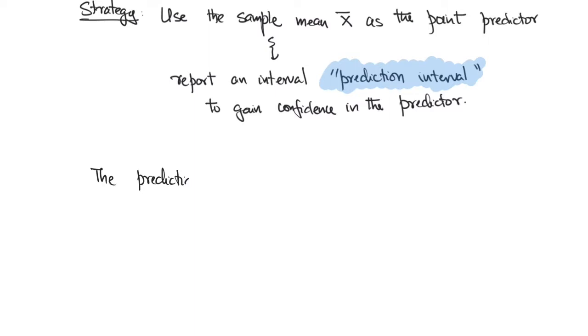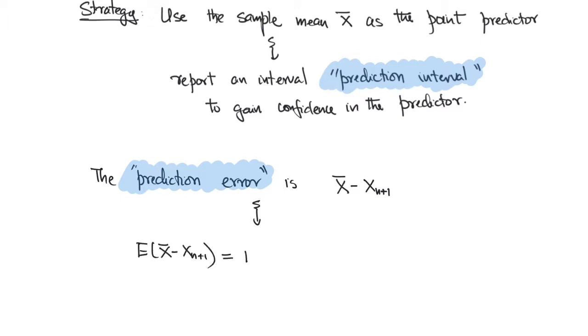The prediction error is therefore going to be the predictor, which is x bar, minus what we want to predict, that is x n plus 1. The expected value of this random variable can be calculated, and we notice that we expect it to be 0.